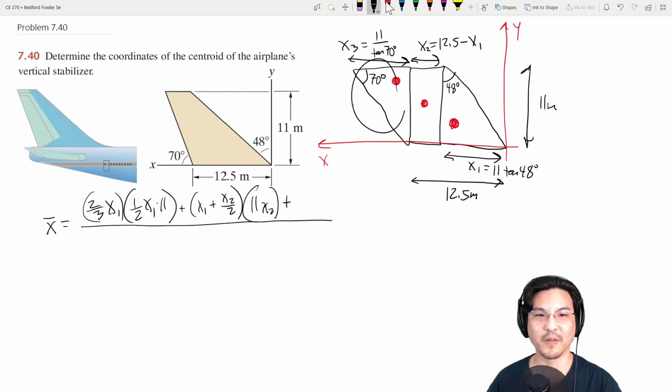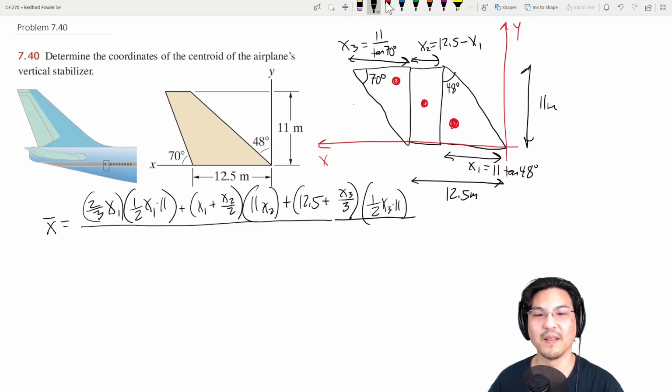plus, now for this triangle, here to here is 12.5 plus this, which is 1/3 of x3. So 12.5 plus 1/3 of x3 times the area of this triangle, which is 1/2 base times height.